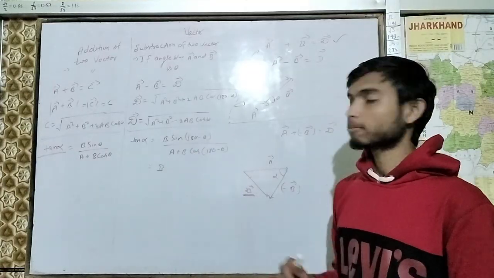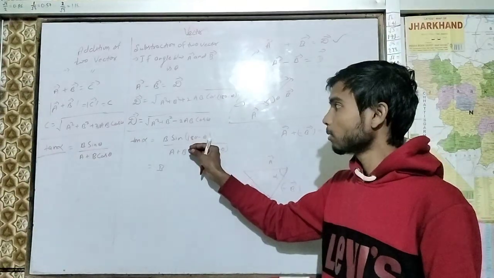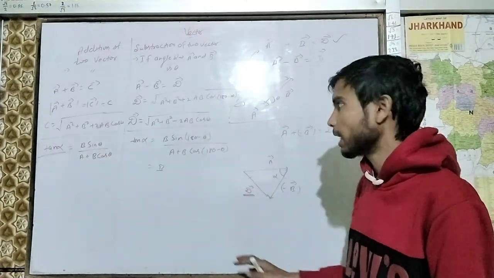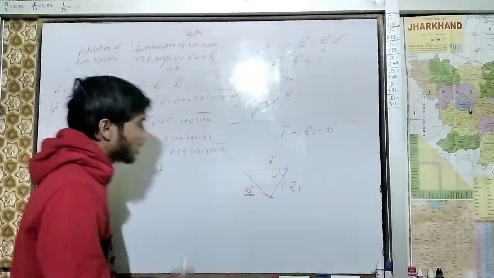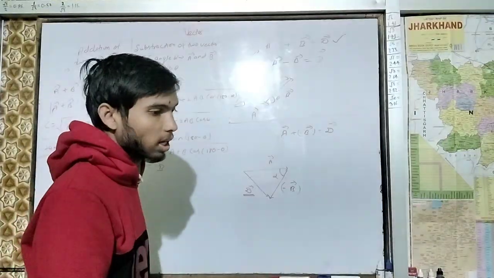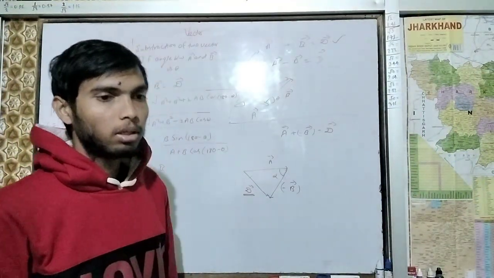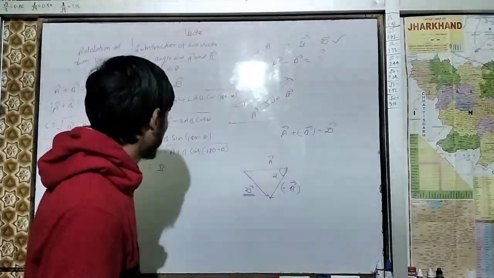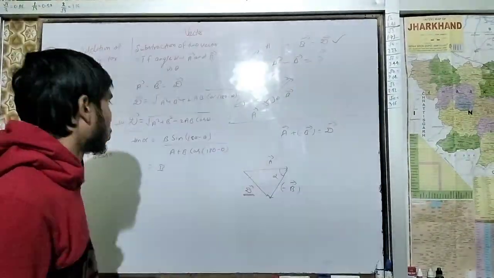Now what about sine? If this is coming in their home, then sine will be as it is. So of course 180 minus theta, this whole is going in second quadrant. When it comes to second quadrant, two trigonometric functions come, sine and cosine.